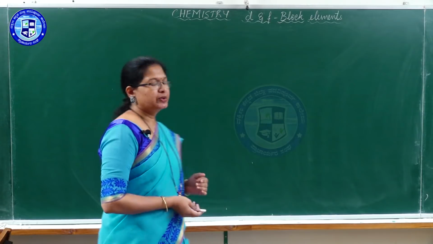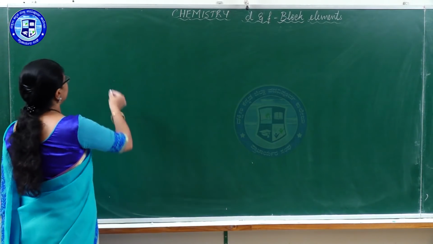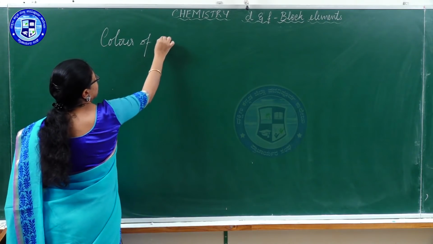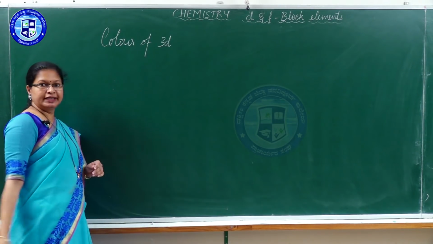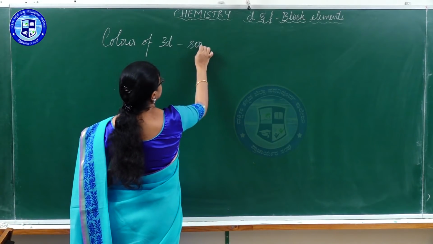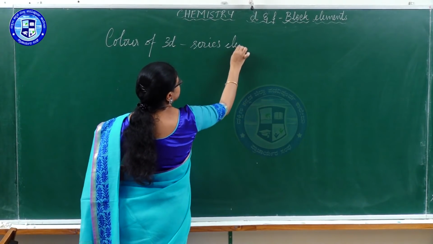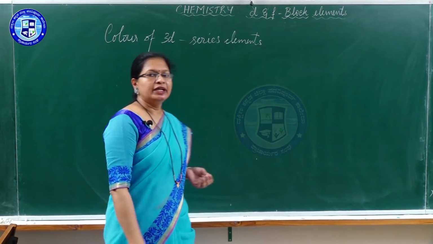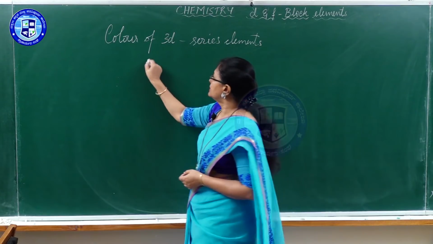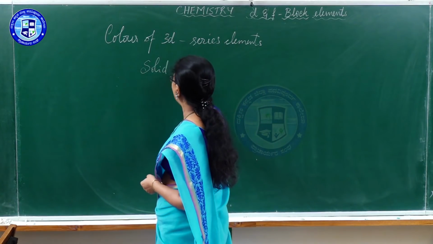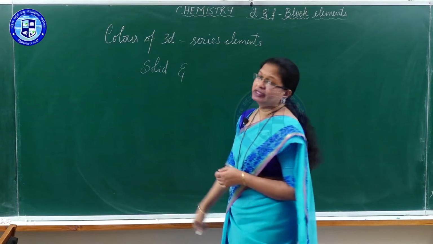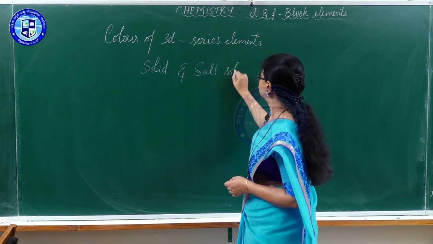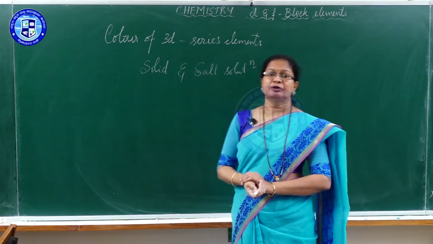Next property that we are going to discuss is the color of transition elements. In that, color of 3d series elements. We already know that these elements, either in the solid state or even their salt solutions, exhibit some color or other.